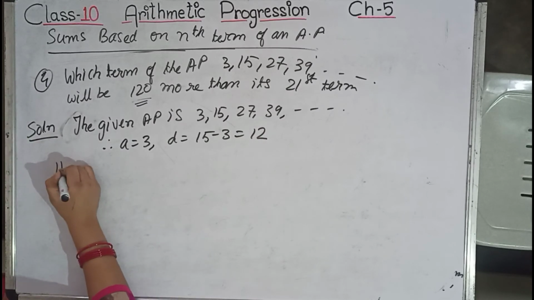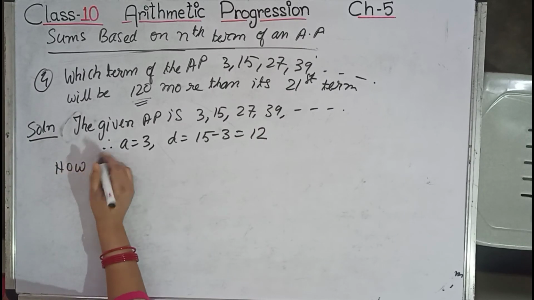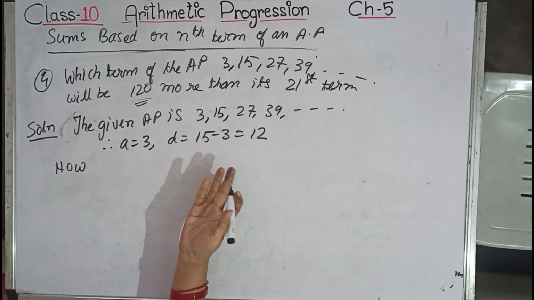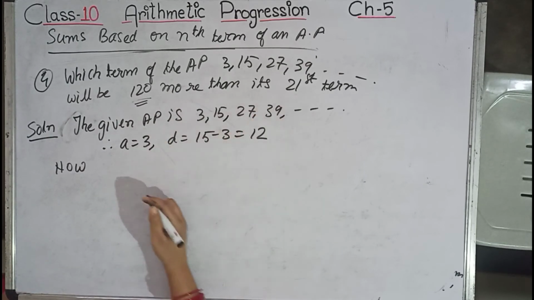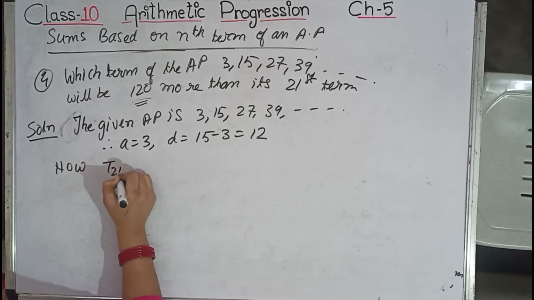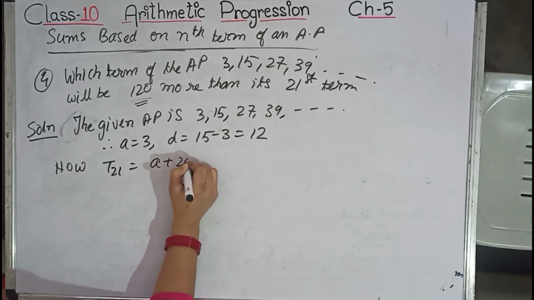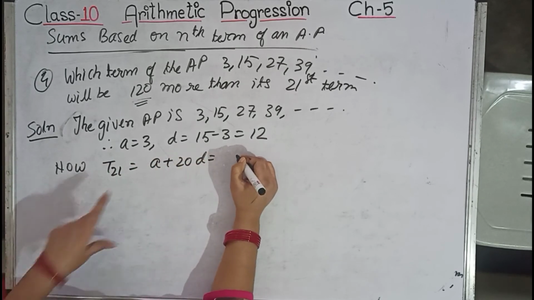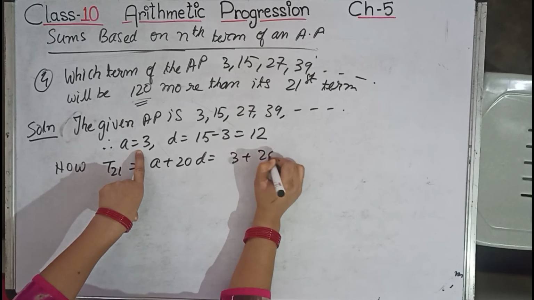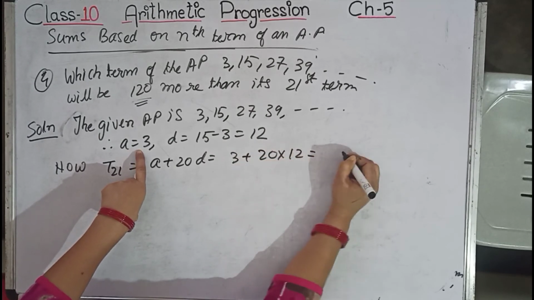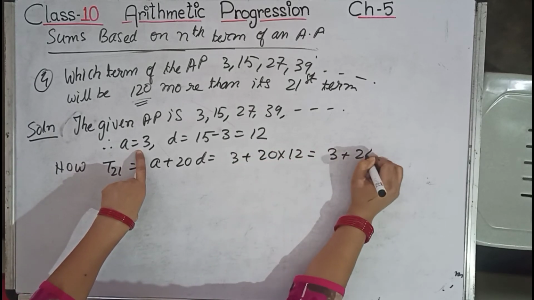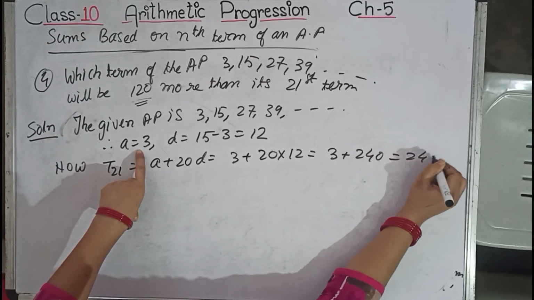Now we can write Tn directly also, but I am writing the 21st term first. Now T21 equals A plus 20D equals 3 plus 20 into 12 equals 3 plus 240 equals 243.